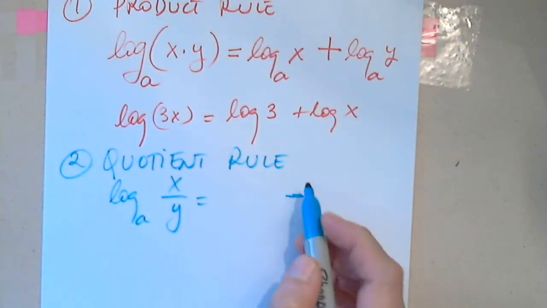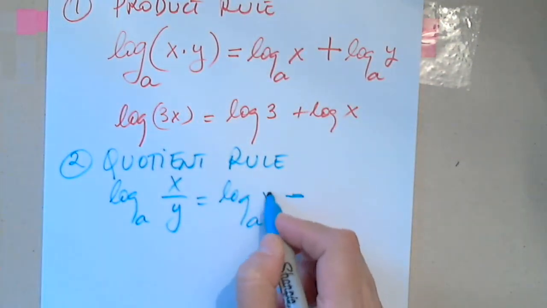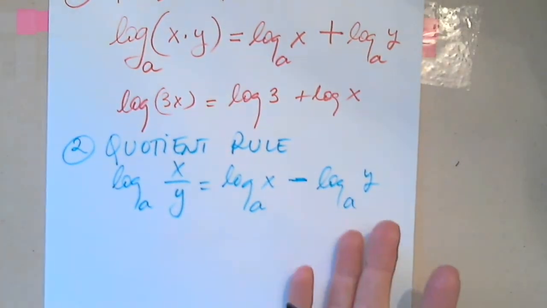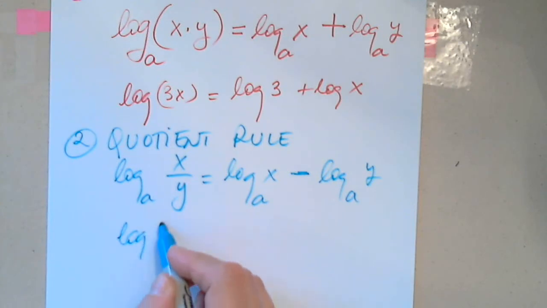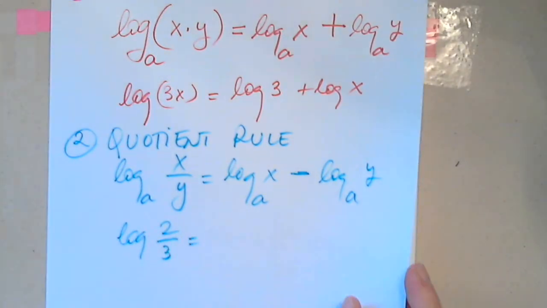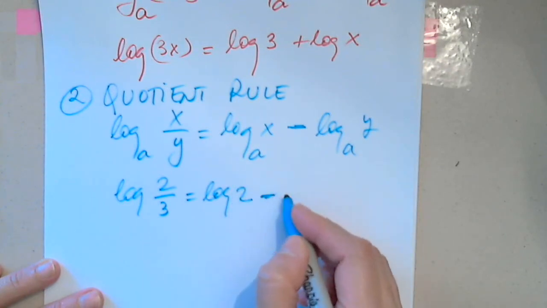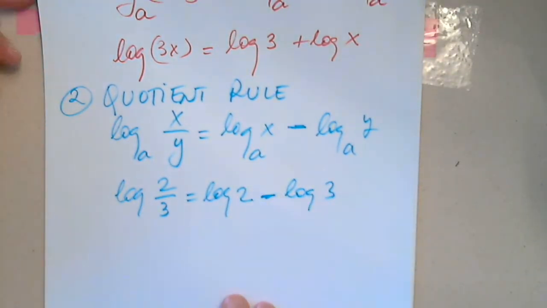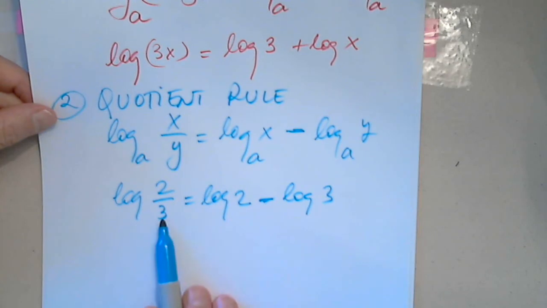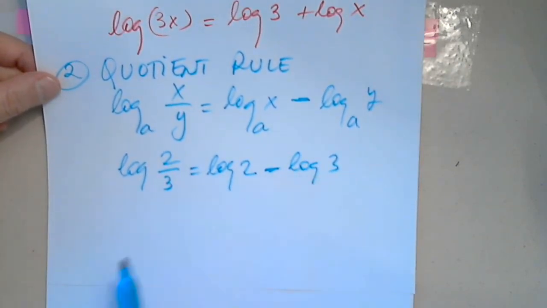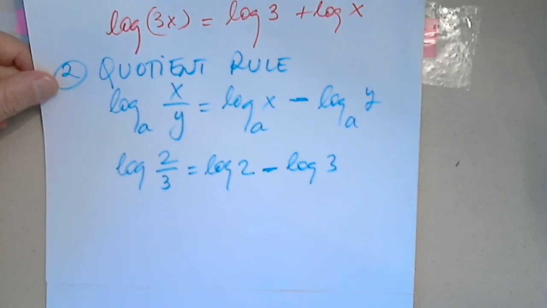Same thing but minus. Log base a of x, log base a of y. How will this work? Let's say I have log of 2 over 3. This is the same as log 2 minus log 3. The quantity that comes from the denominator will always have a negative sign in front of the log.